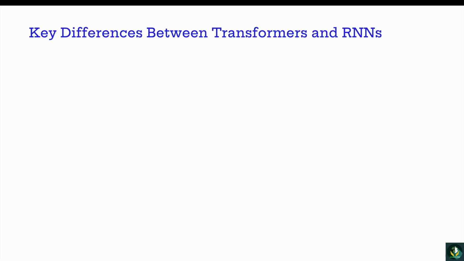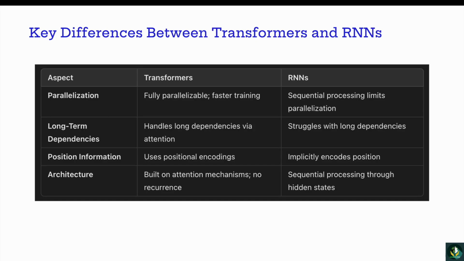Now let's look at some of the key differences between transformers and RNNs. As far as parallelization goes, transformers are fully parallelizable, giving faster training, while RNN sequential processing limits parallelization. Next, for long-term dependencies, transformers handle long dependencies via attention, whereas RNNs struggle with them.